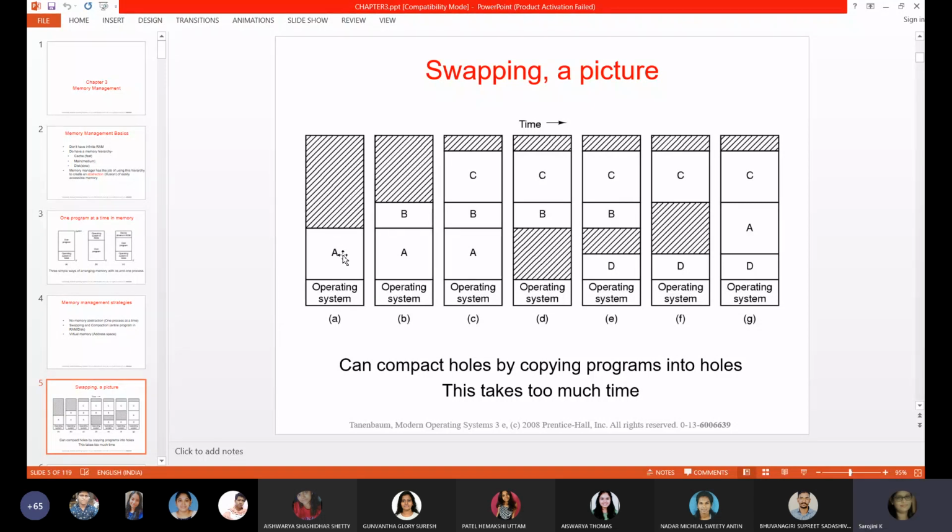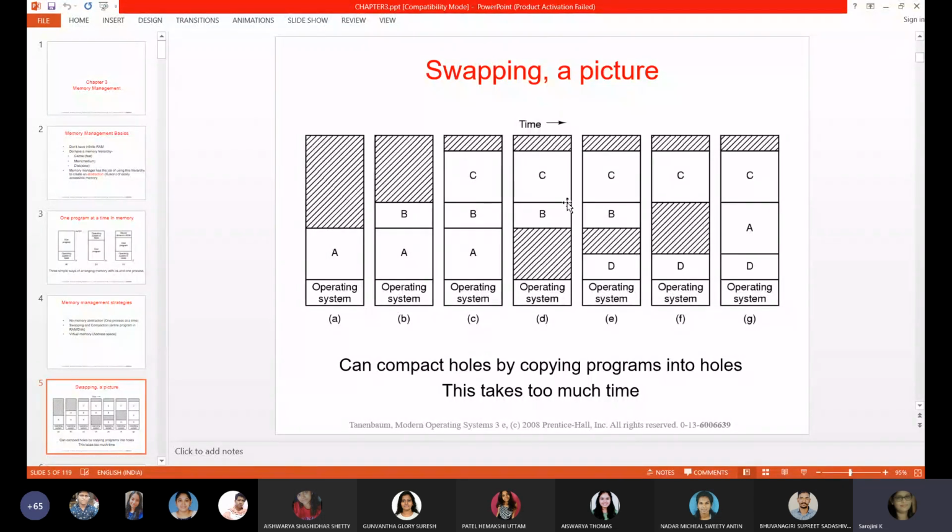You should not forget the word entire program here in swapping. The entire program will come to the main memory. Now process A will be executed. Now assume that process B comes. Again we have space in the main memory, because it is a small process; the memory the process needs is less than the free space of the main memory. So it also got occupied. Then process C comes, and that also occupied the main memory.